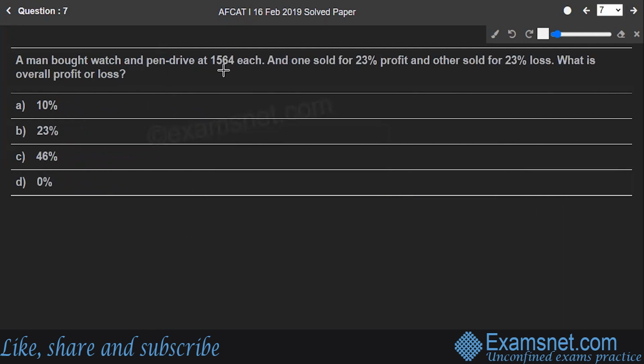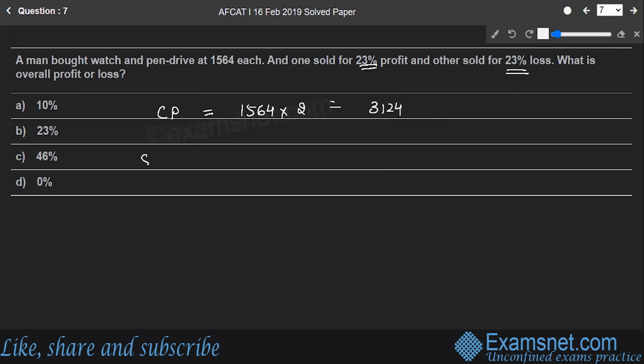Next is question number 7. A man bought a watch and a pen drive at 1564 rupees each, and one was sold for 23% profit, another sold for 23% loss. What is the overall profit or loss? So first thing, the cost price of both the pen drive and watch: the total cost price is 1564 multiplied by 2, that is equal to 3128 rupees. Now, the first one is sold at a profit of 23% and the second one at a loss of 23%.